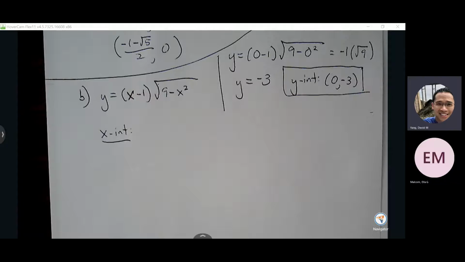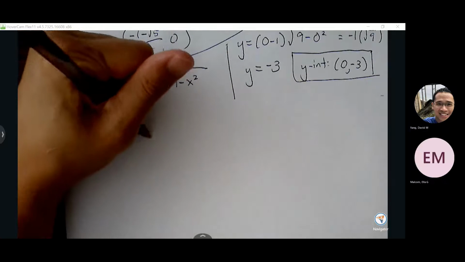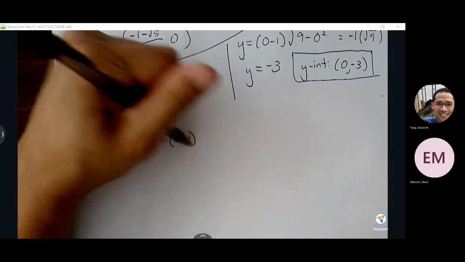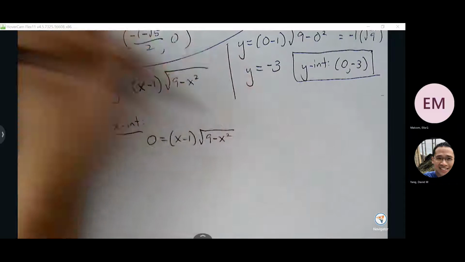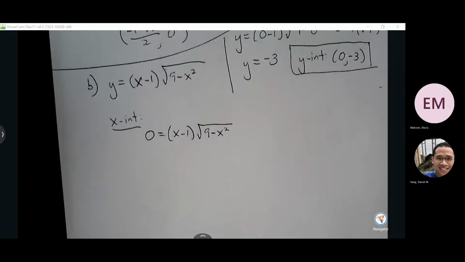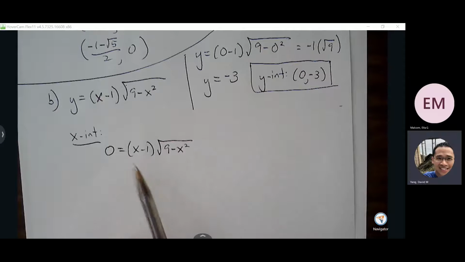Let's just go ahead and replace y with 0 and see what that looks like. So 0 equals (x minus 1) times the square root of (9 minus x squared). So there's no need for the quadratic formula.